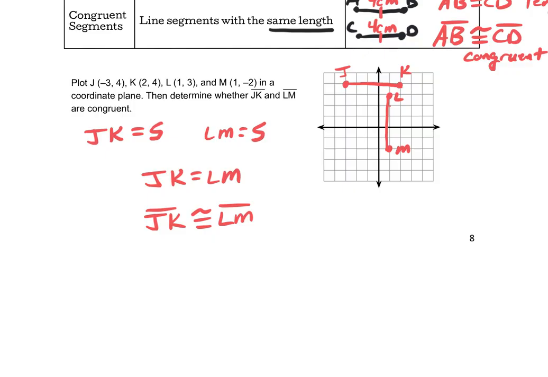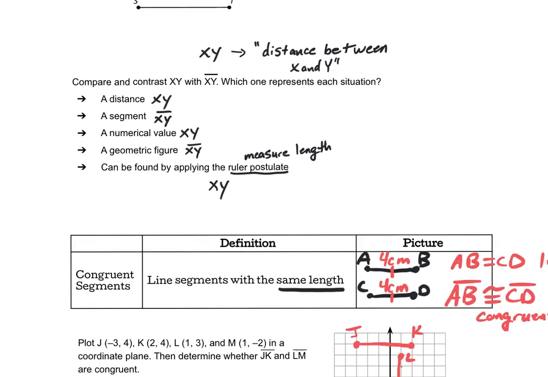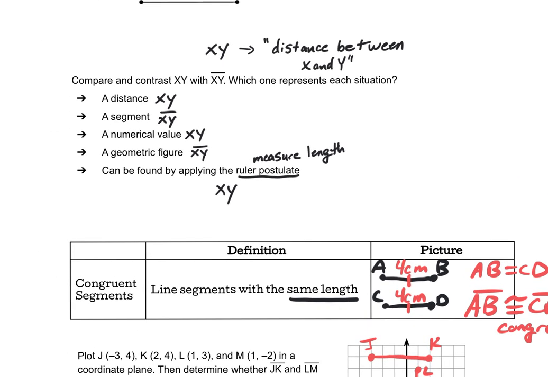Remember what we talked about up above. If it doesn't have a symbol above it, it means distance. We're talking about a number, about length. How long is that? So that's the way we read it: the distances are equal, and then the segments are congruent.